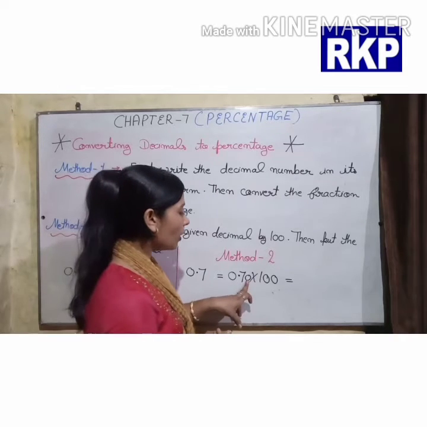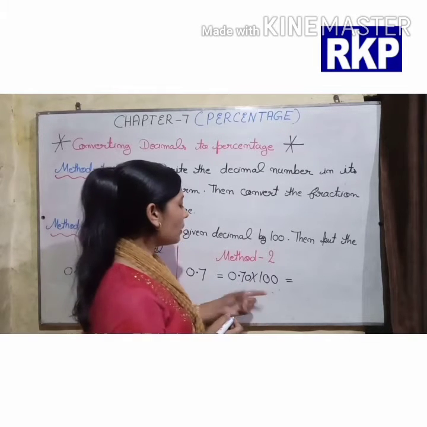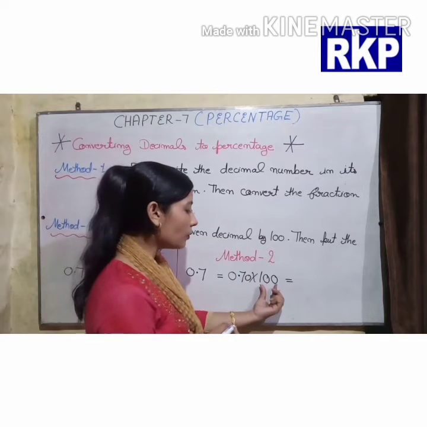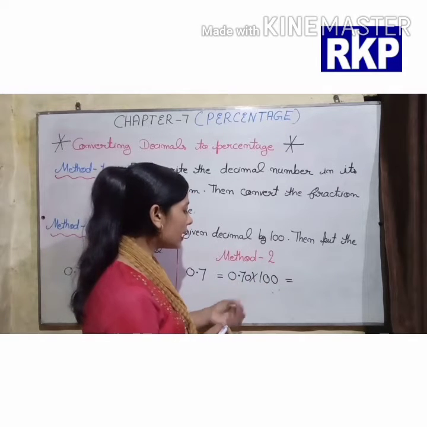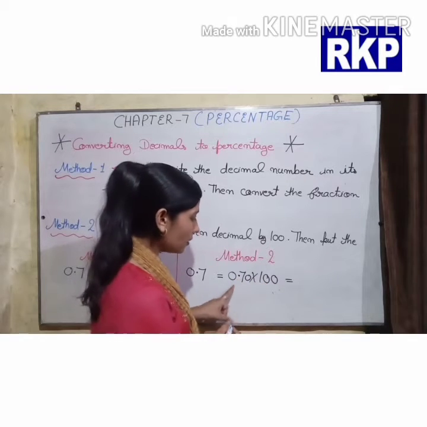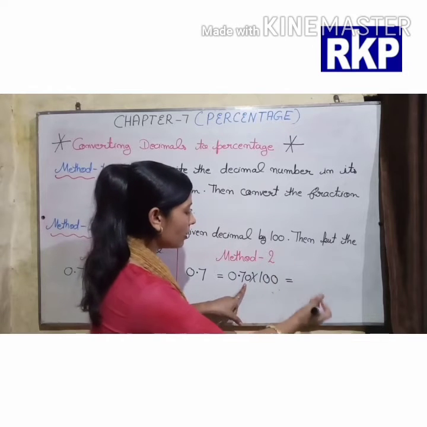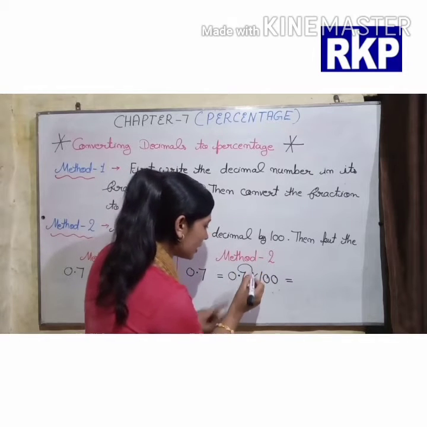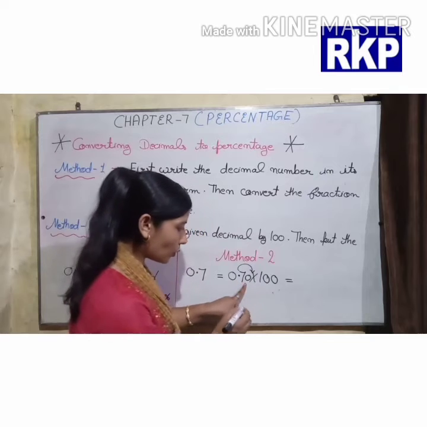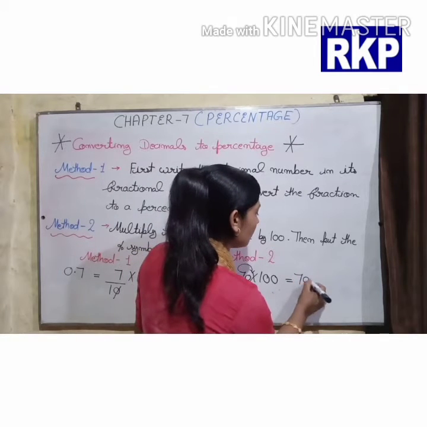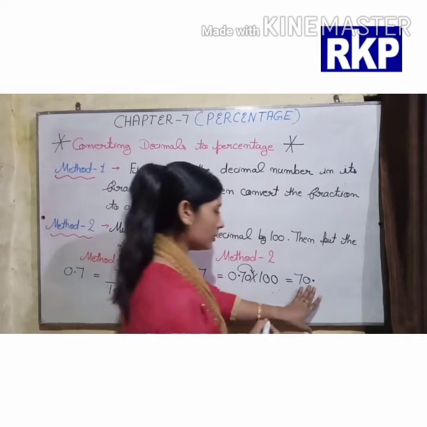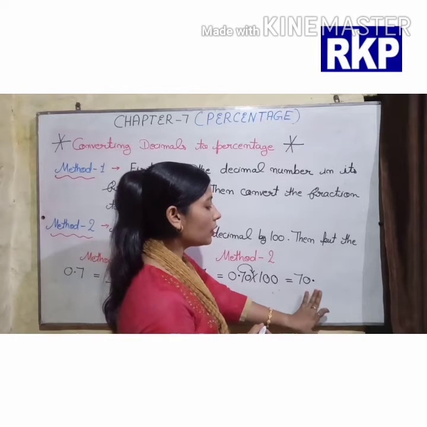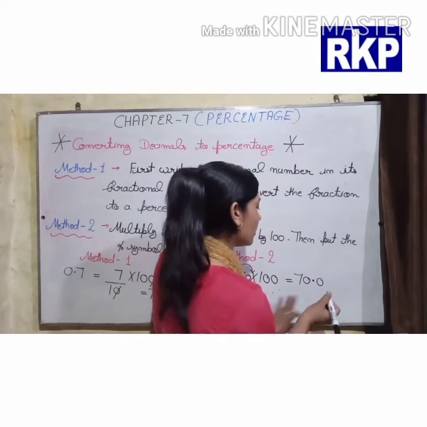Okay, so here beta, if we multiply this number with 100, then our decimal point shifts 2 digits to the right side, means our decimal point will come after this 0. Okay, 70 and then point, and after the decimal point we don't have any digit, so we can write here 0 also.